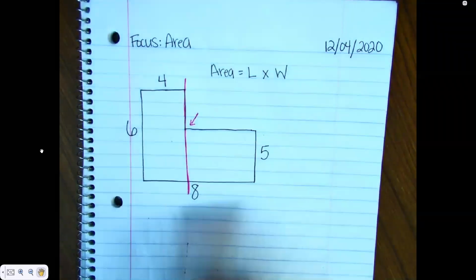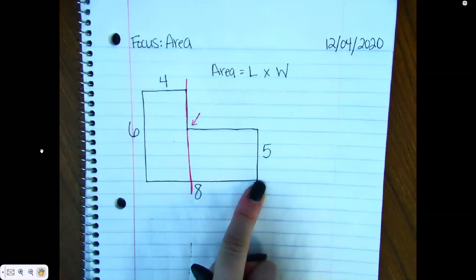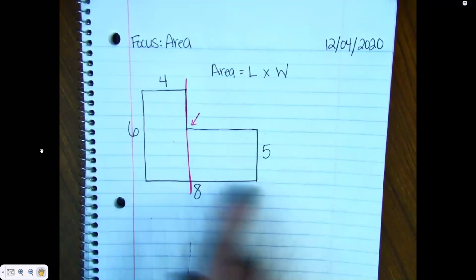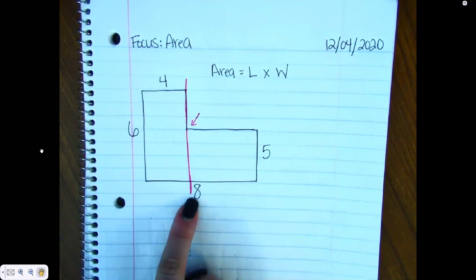So I sliced this side in half. If I sliced this side in half, what do I need to do to the number 8? I'm going to take it away. And what number should it be? Holly, what number should it be?